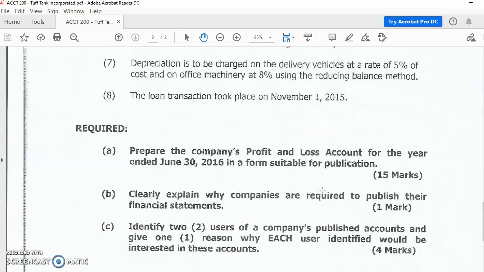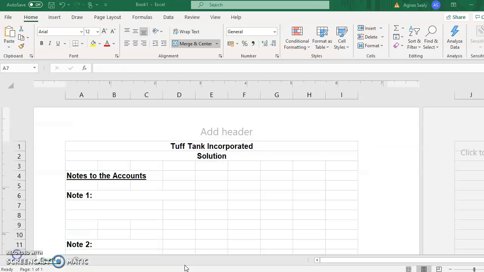And I would even go on to do the statement of financial position as well. Okay, I think I will do the statement of financial position. So let's go to our spreadsheet and look at how we would go about doing this question.